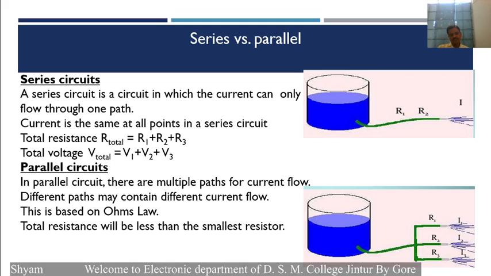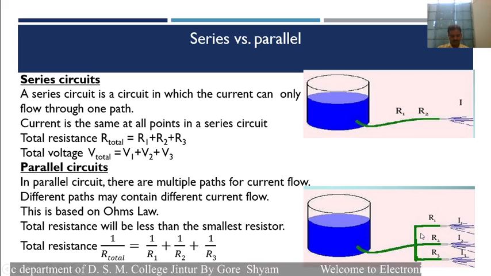And the total resistance of the circuit, if you are taking the total resistance of the circuit, then the total resistance is less than the smallest resistance of the resistors, and here the total resistance is given by 1 by R total is equal to 1 by R1 plus 1 by R2 plus 1 by R3.